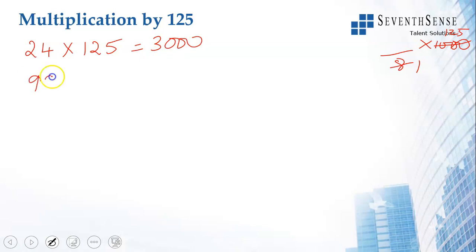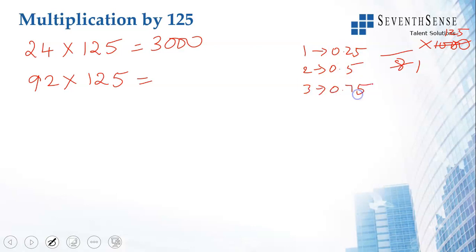Let us say you want 92 into 125. 92 divided by 8. Like in the previous question for 25, if you divide by 4 and the remainder is 1, you make it 0.25. If the remainder is 2, you make it 0.5. If the remainder is 3, you make it 0.75. Here, if you are dividing by 8, if the remainder is 1, it will be 0.125.